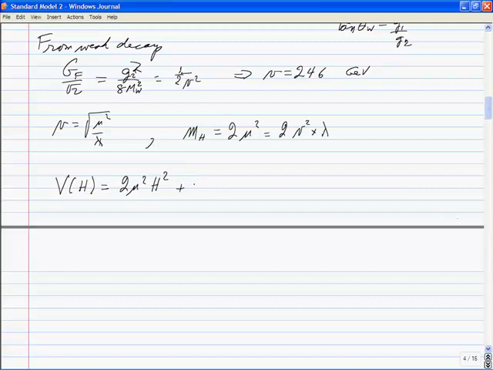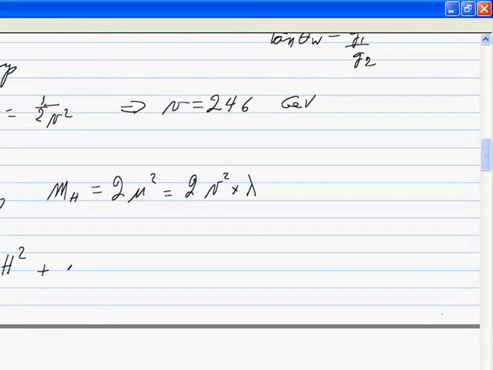Then there's the lambda V H cubed and lambda over 4 H to the 4th. And I'm pretty sure I have the number right there. But you did it all for homework. There's this lambda V S squared and S cubed in what you're doing, and then the mass term. And that's all that's left over.